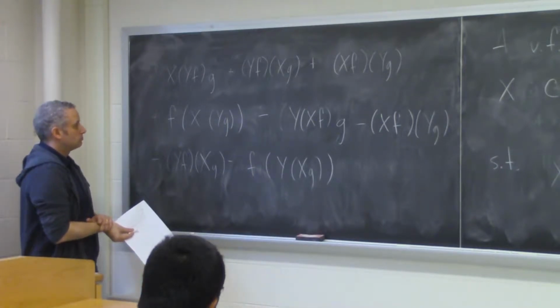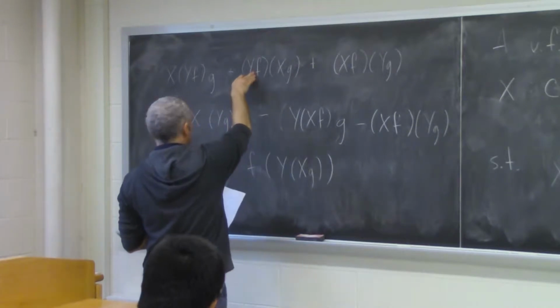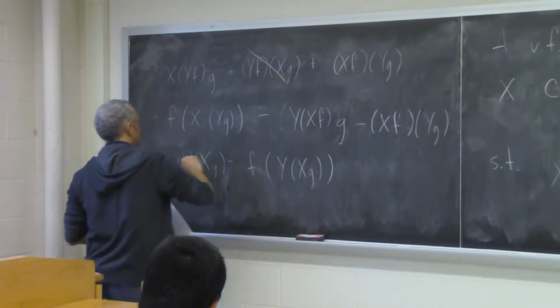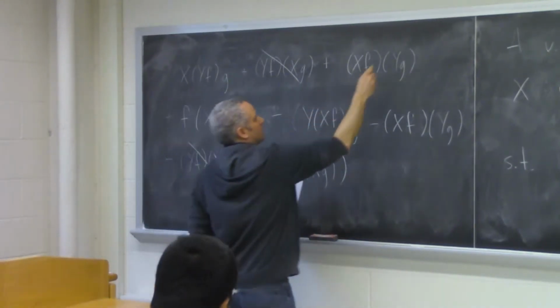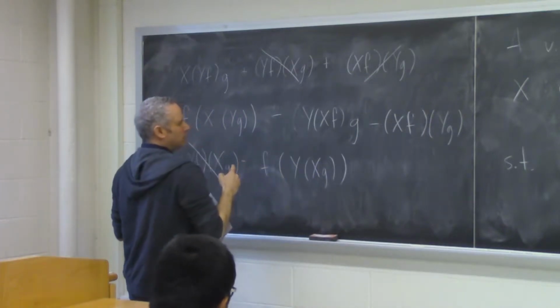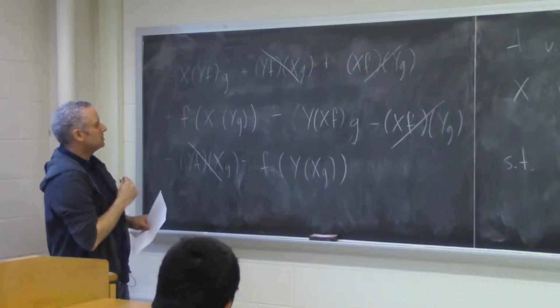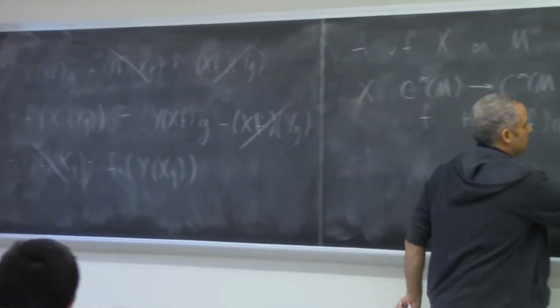Okay, and so now we get some cancellation. We have Yf Xg, and we have Yf Xg with a minus sign, so these two cancel. And then we have Xf Yg, and then we have minus Xf Yg, and these cancel. And we're left with 4 terms, which we can reorganize.